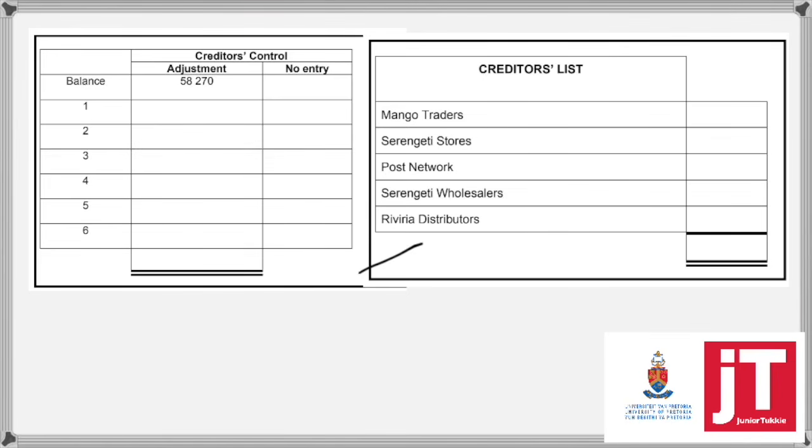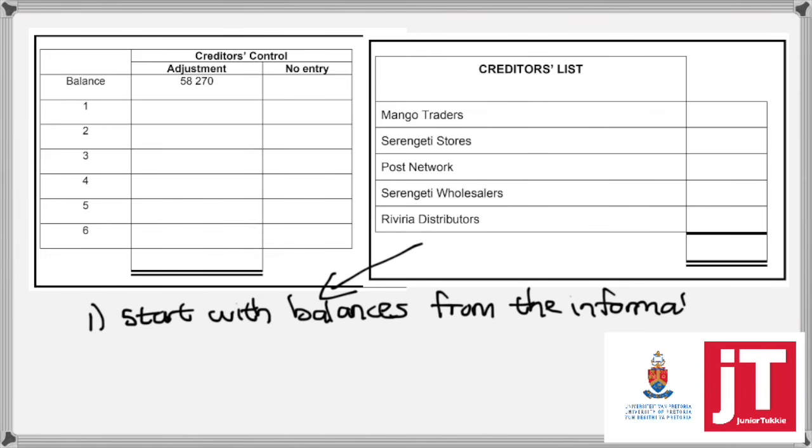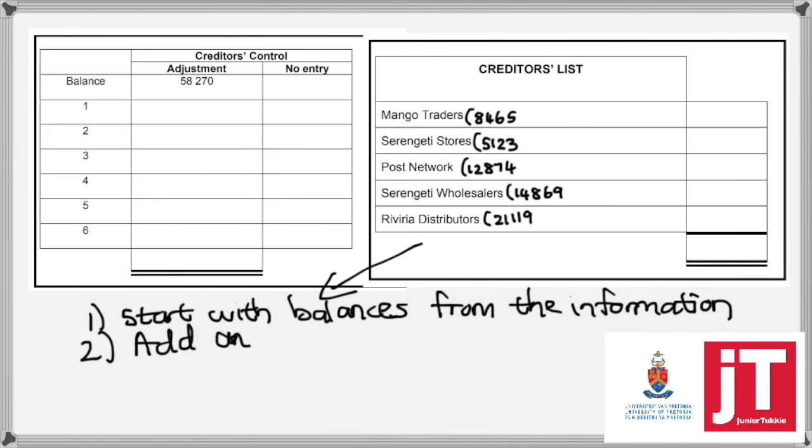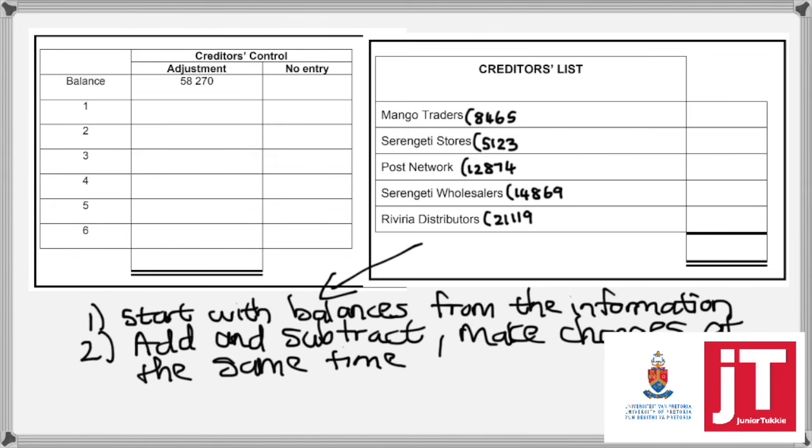So our step number 1 is to start with the balances from the information provided, and we write it in brackets. Once we've done that, we add and subtract, and we make the changes at the same time. So for transaction number 1, if we made a change in the creditors control account, we need to make a change in the creditors list at the same time.